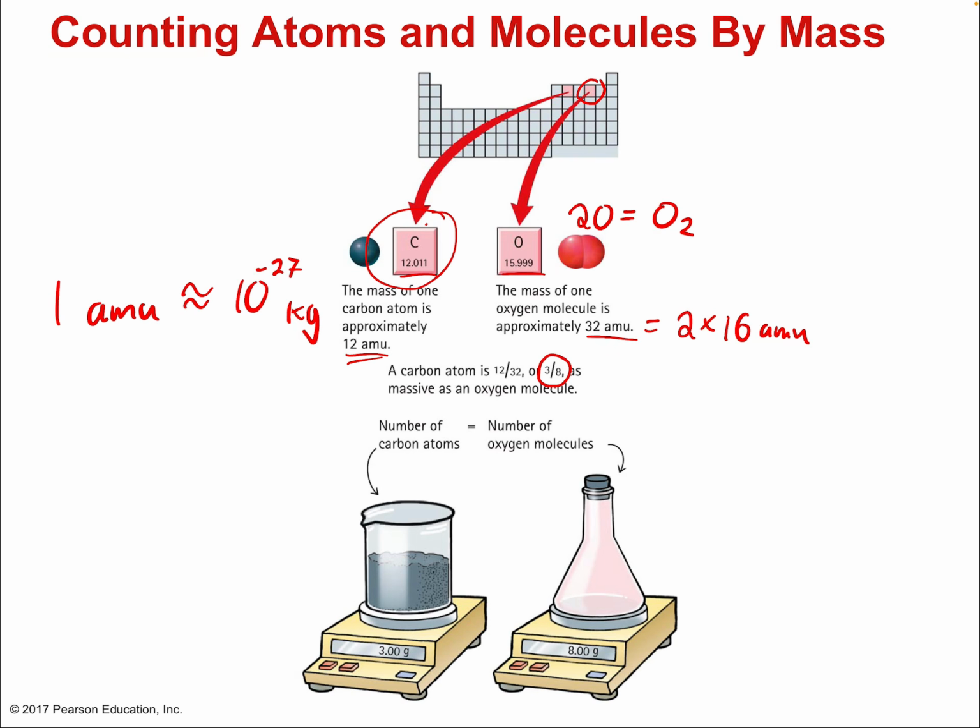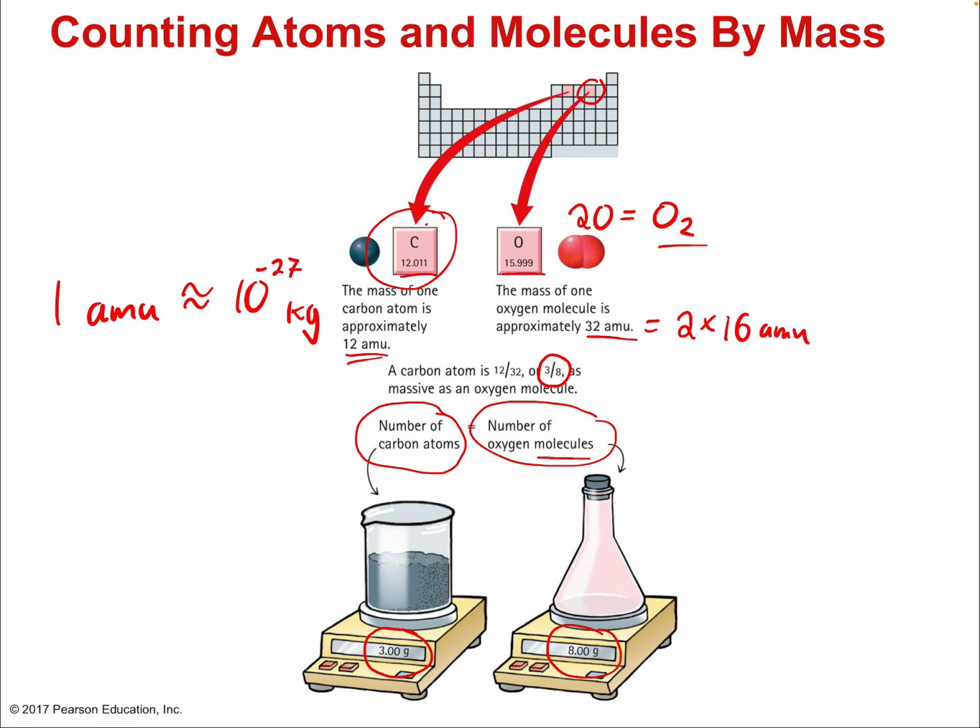Therefore, if you had an equal number of carbon atoms as oxygen molecules, then which would be heavier? The oxygen. If I had an equal number of oxygen molecules, all O2, then it would weigh 8 grams. On the other hand, carbon would only weigh 3 grams because of that ratio, 3/8.